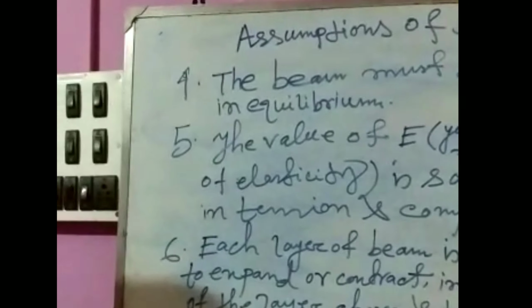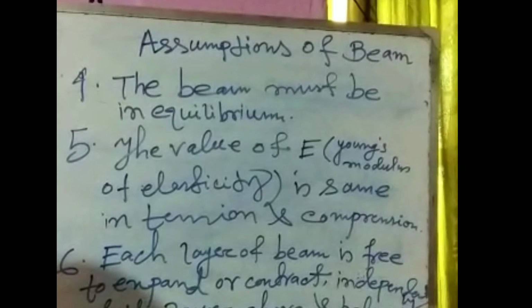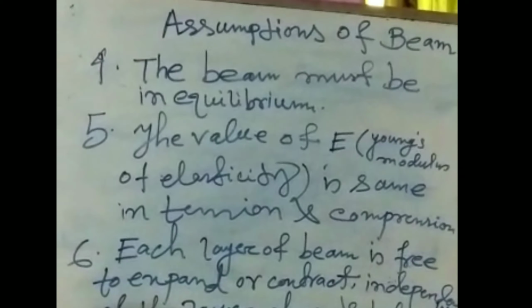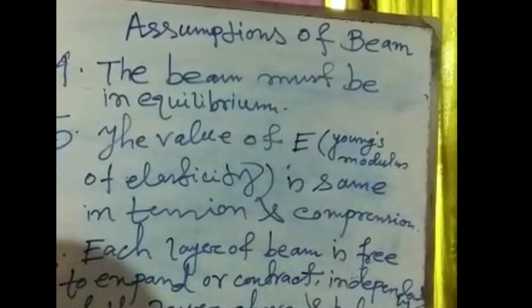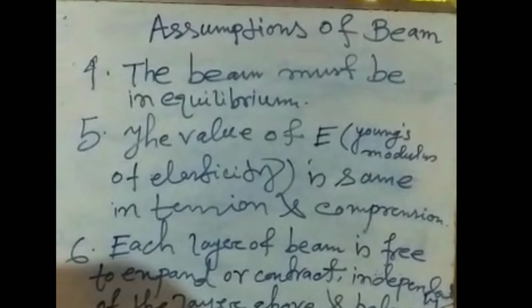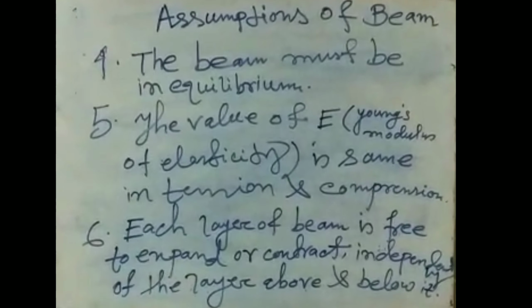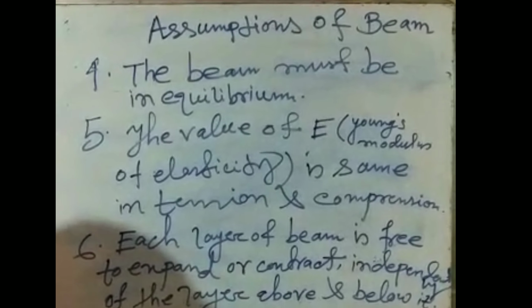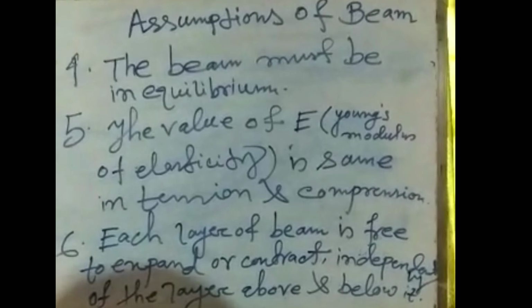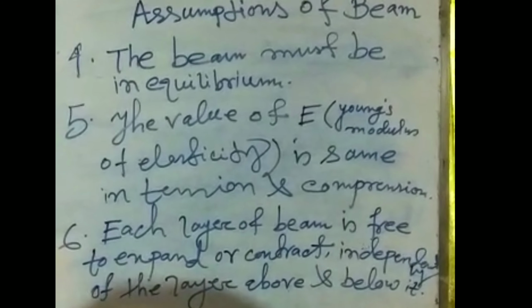Now point number 4: the beam must be in equilibrium. And point number 5: the value of Young's modulus of elasticity is the same in tension and compression. Another assumption is that each layer of the beam is free to expand or contract independently of the layers above and below it.